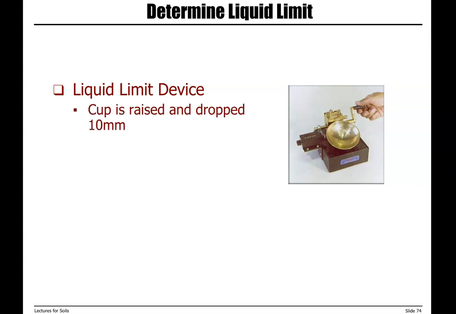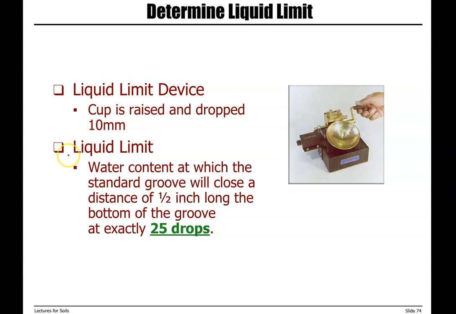We need again at least 3 trials, 3 data points. Why do we need that? Because liquid limit, or LL, is defined as the water content at which the standard groove will close a distance of half inch or 13 millimeters at the bottom of the groove at exactly 25 drops.